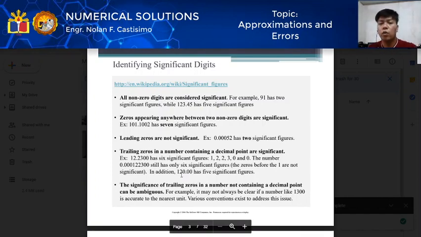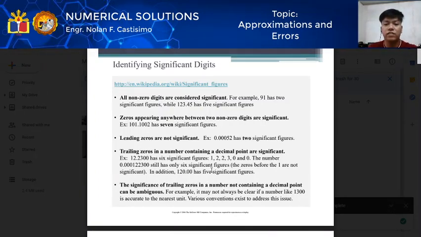In addition, 120.00 has 5 significant figures. Okay? This one, the significance of trailing zeros in a number not containing a decimal point, can be ambiguous. For example, it may not always be clear if a number like 1,300 is accurate to the nearest unit. Various conventions exist to address this issue.